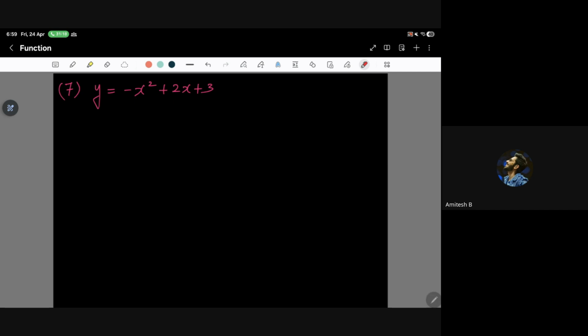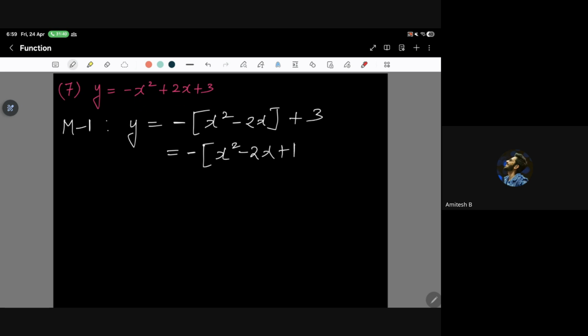Okay, so we have two options to solve this. This is the quadratic, right? So first, the basic method. You can make it a perfect square. So if I take minus common, this becomes x square minus 2x plus 3. So x square minus 2x plus 1 and minus 1.